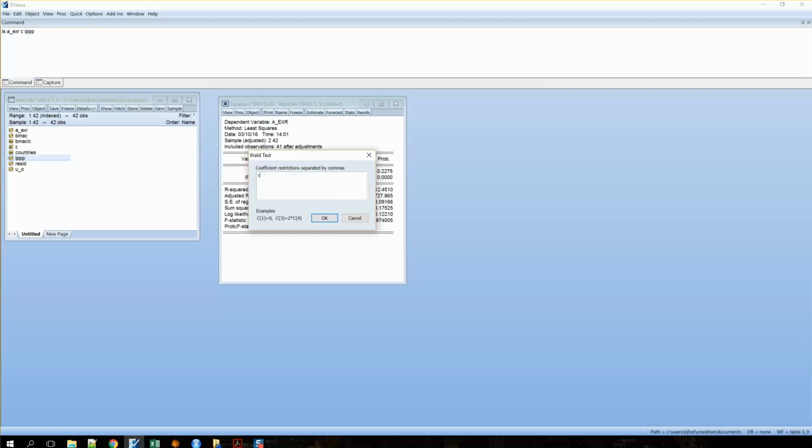We look at coefficient diagnostics, Wald test. It's just to do it nice and automatically for us. And we get a very large t-value. So we can safely reject the null hypothesis that our slope estimate of 1.8 is not statistically different from 1.